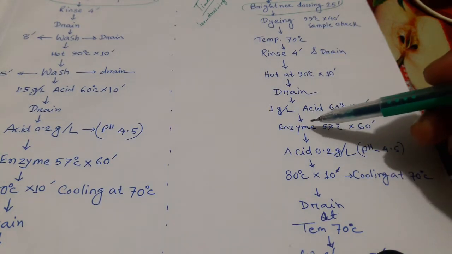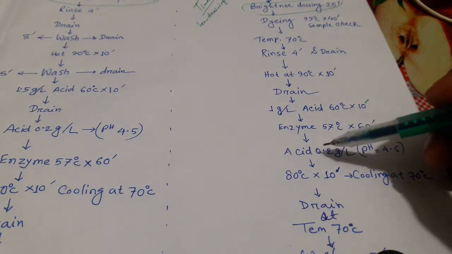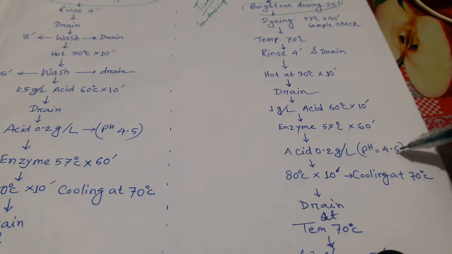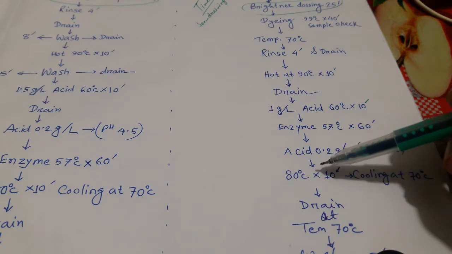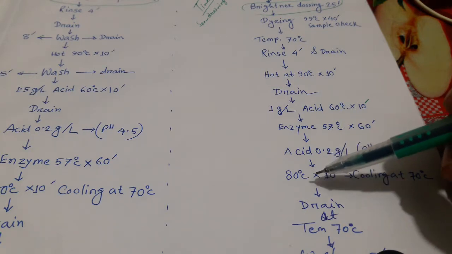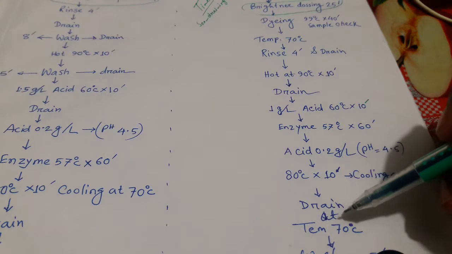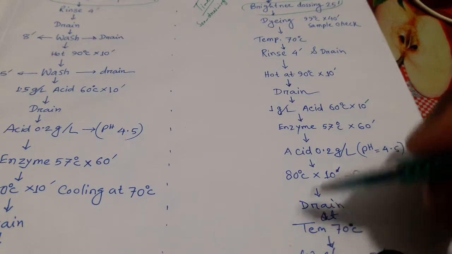Then use enzyme at 50 degrees centigrade for 60 minutes, and then use acetic acid 0.2 gram per liter to keep the pH at 4.5. Then increase the temperature to 80 degrees centigrade for 10 minutes, then cool to 70 degrees centigrade and drain again at 70 degrees centigrade temperature.